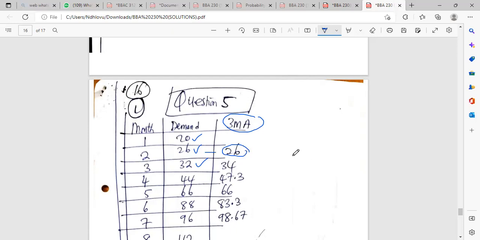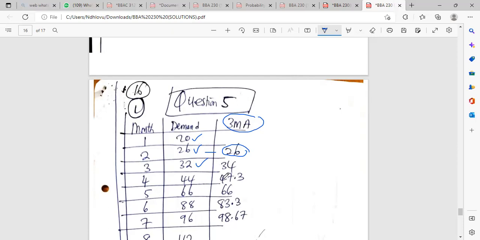So we have the 20 plus 26, then plus 32, then divide by 3, giving us 26. All right, so you skip the 20, you start adding from 26. So 26 plus 32 plus 44, then divide by 3, giving us 34. So you'll be skipping a number, getting down like that.